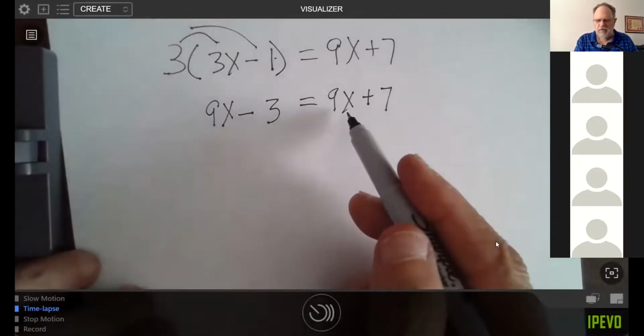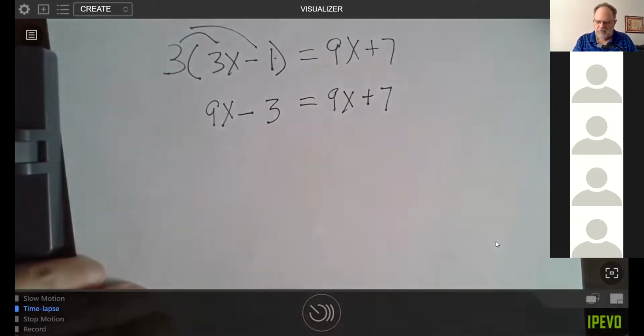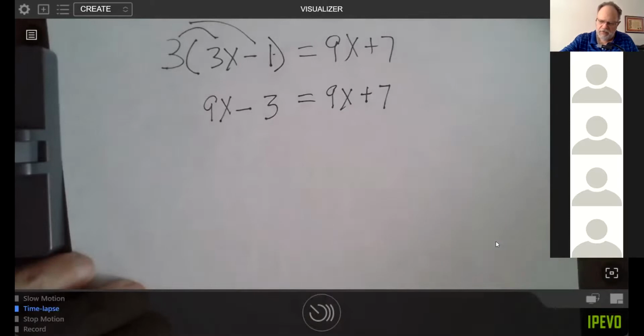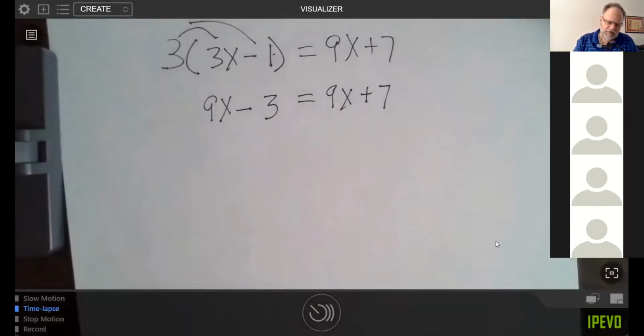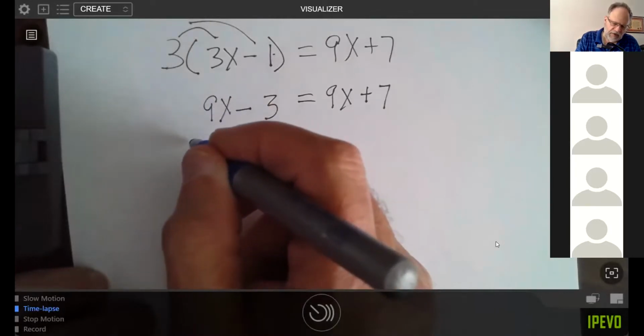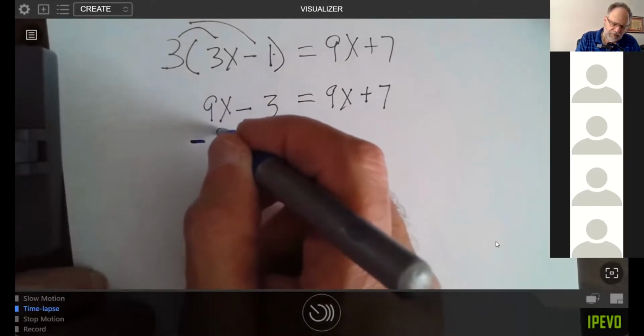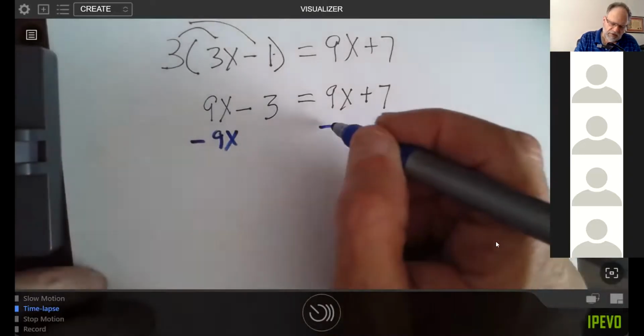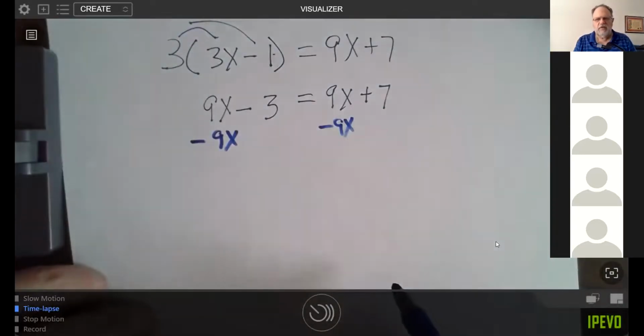Okay, we want to do the x's first. We've got a 9x on one side and 9x on the other. If this is a positive 9x, we want to subtract, apply minus 9x. We always want to combine the x's first.